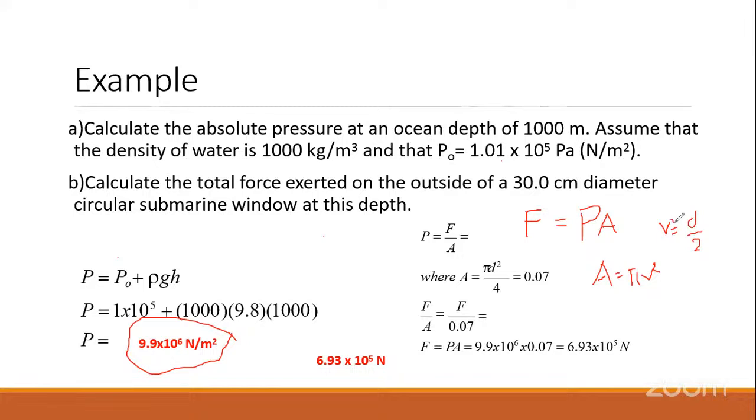So r squared becomes d squared over 4. So in the formula A equals pi r squared, we are going to have pi d squared over 4. If we convert 30 cm to meters, that will be 0.3 meters. Substitute that into this expression and simplify. Our area becomes 0.07.